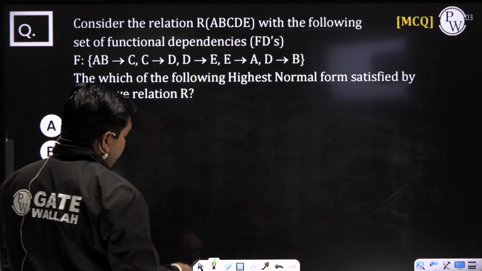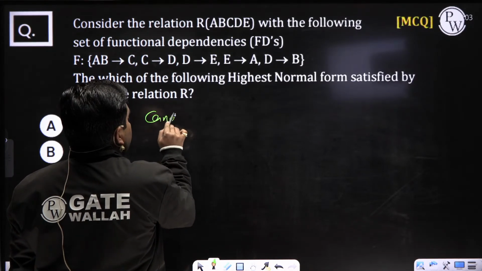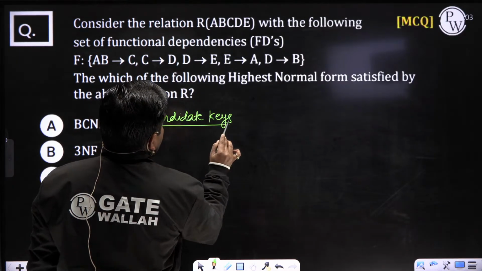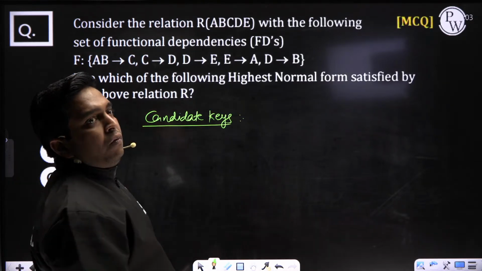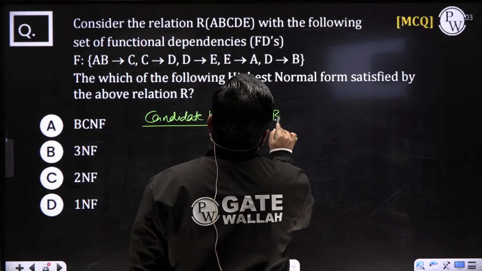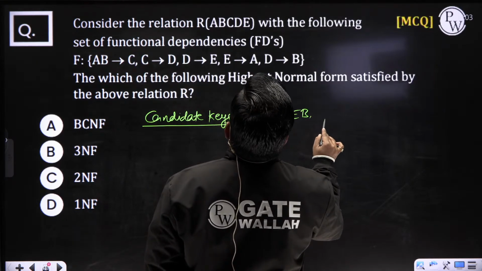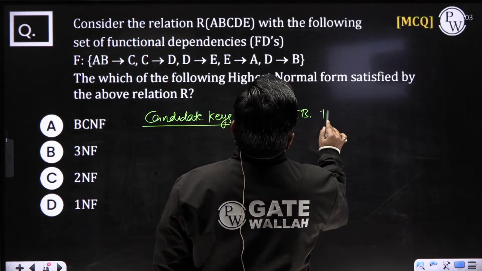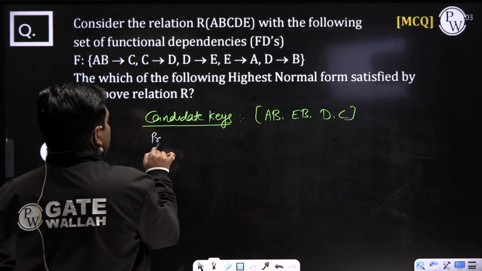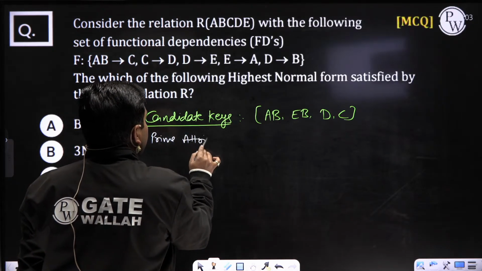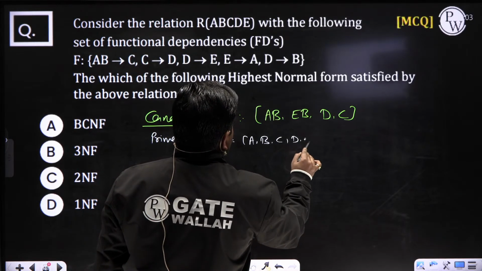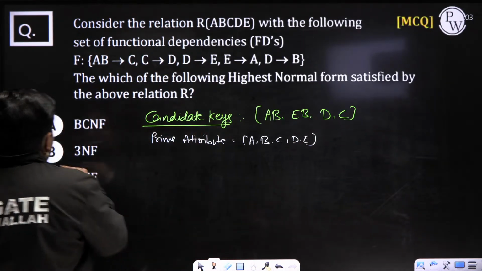What is the candidate key? First of all, you tell me what the candidate keys are. Here the candidate keys are AB, EB, D and C. So we can say the prime attributes are A, B, C, D, E. If all attributes are prime, then it is in 3NF.